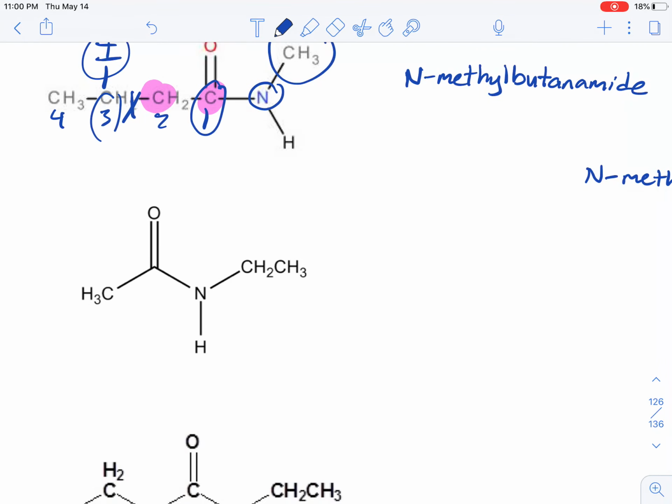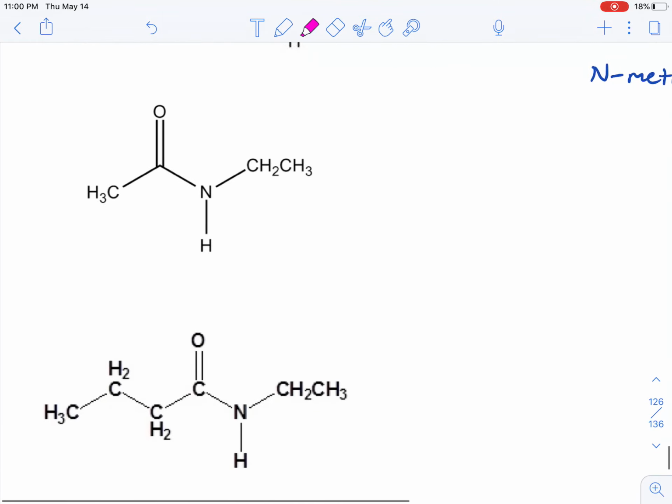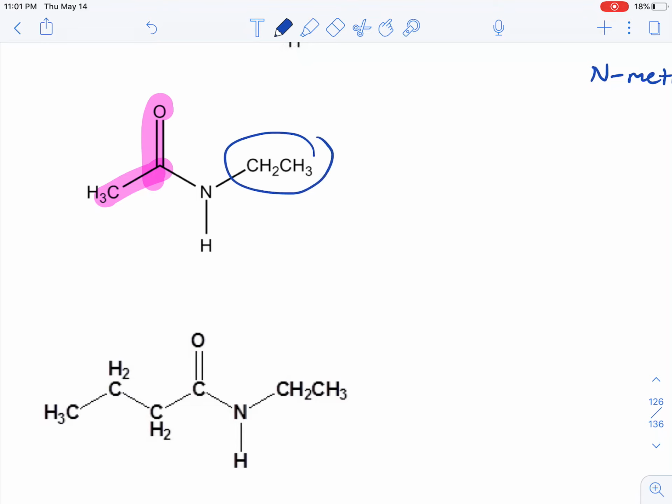All right, so let's go ahead and take a look at another example. Here we have my carbonyl group. So any carbon that's attached to that carbonyl group is probably going to be my parent chain. And so this is going to be my N substituent. So this is going to be N-ethyl. Okay. And so if I have N-ethyl, I need to describe my parent chain.